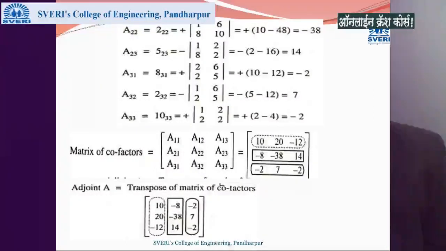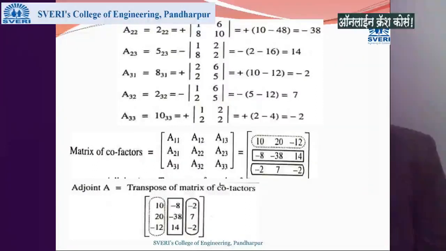So by using these cofactors we get a matrix, that is A11, A12, A13, A21, A22, A23, A31, A32, A33. Now we are putting the values here: 10, 20, minus 12, minus 8, minus 38, 14, minus 2, 7, minus 2.